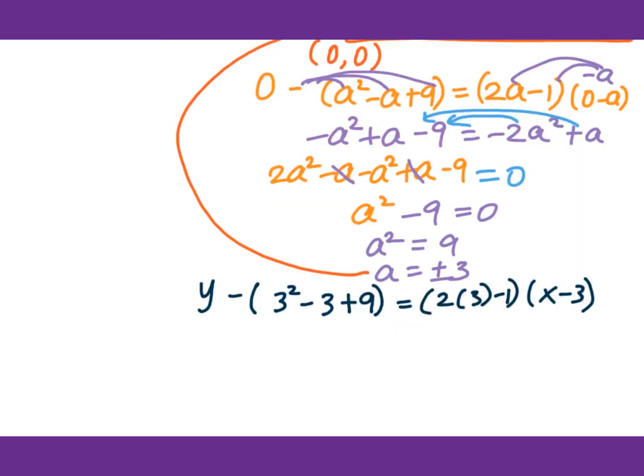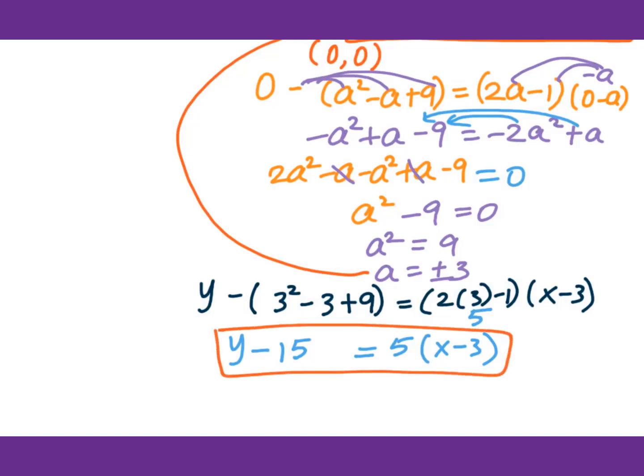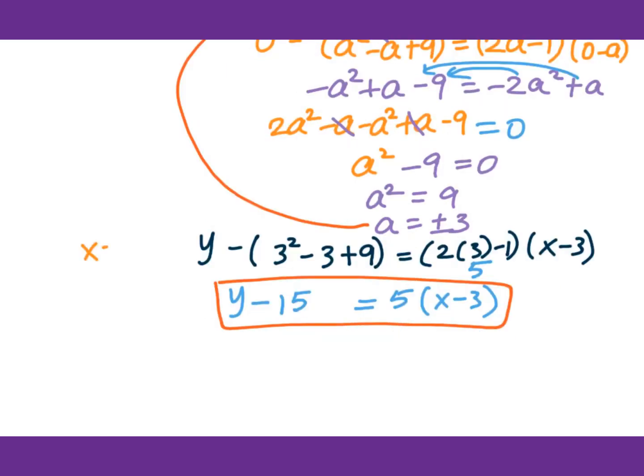We organize, you will get y minus 15 equals 5 times (x minus 3). You can leave it as it is like this. This is when x equals 3.